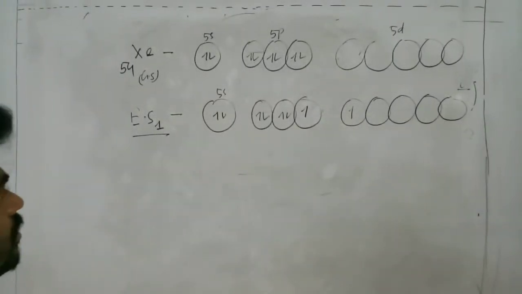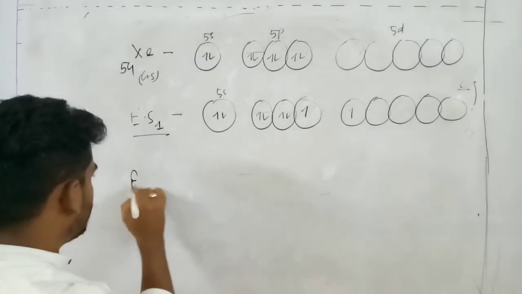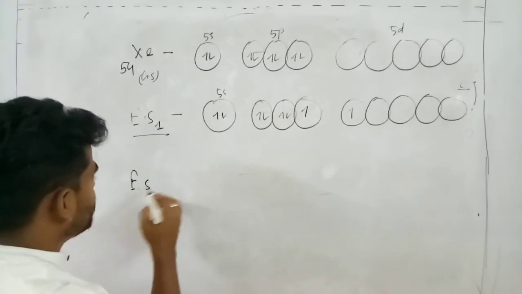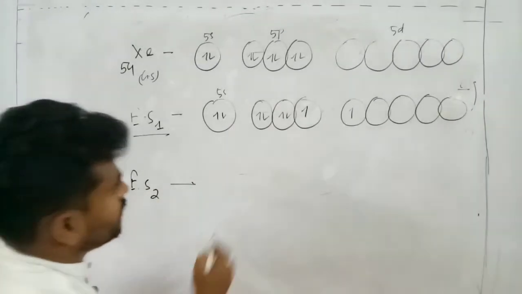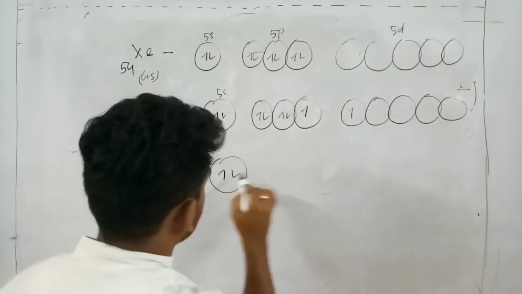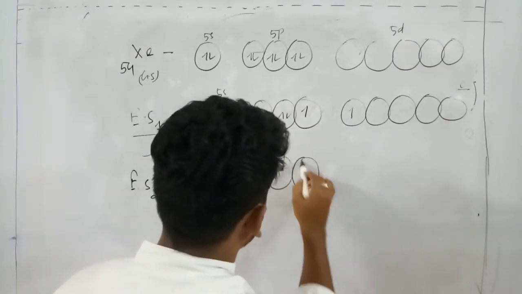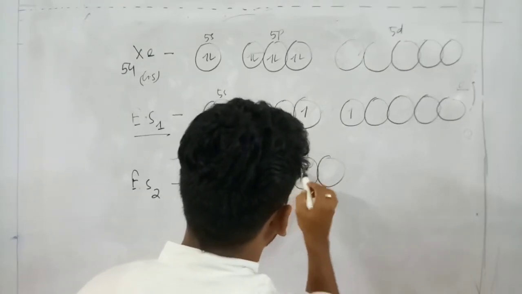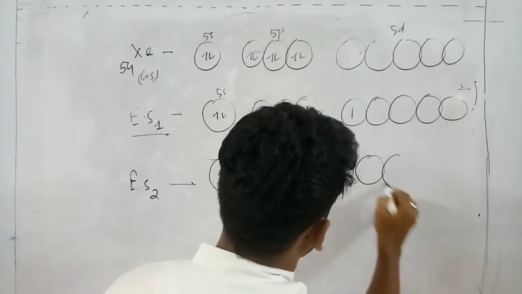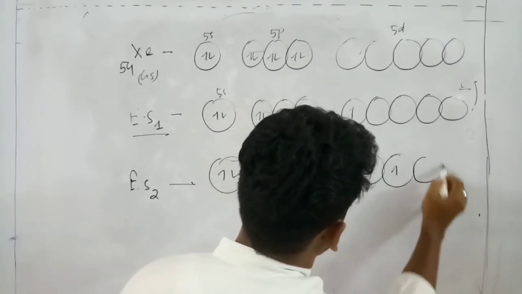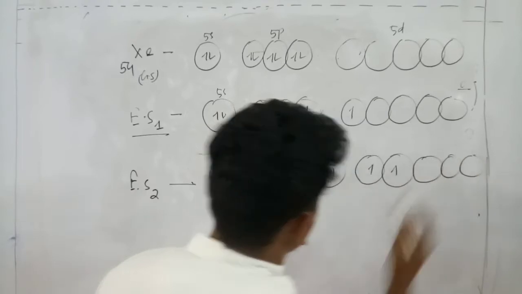Okay, so in the second excited state, there will be 2 electrons in 5s, 1 electron, 1 electron in 5d.